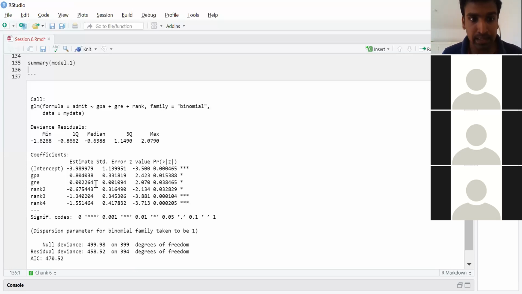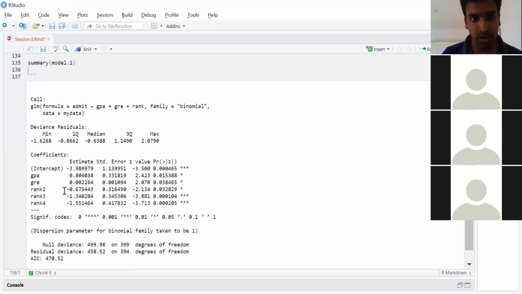Why? Because if you look at rank 2, 3, and 4, they are in a negative phase, which means the probability of getting admissions if you studied from a rank 1 college is higher compared to rank 2, 3, and 4. And the probability of getting admission decreases as the rank decreases as well.